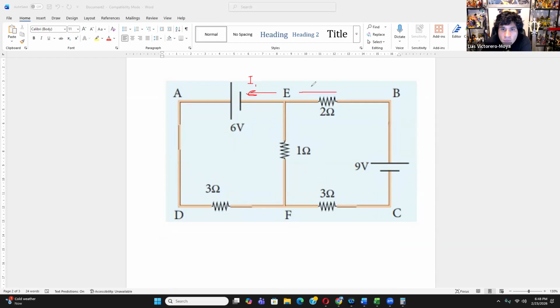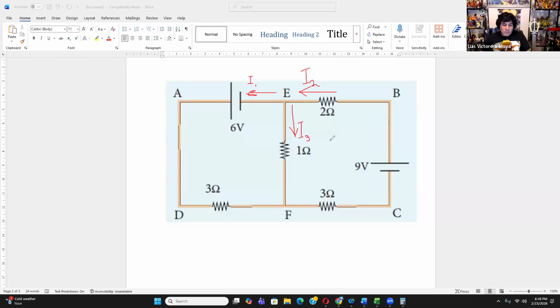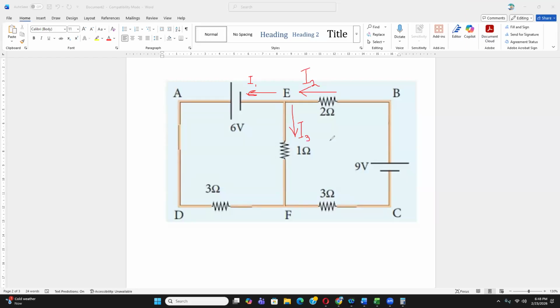I want to draw I2 like this. Don't ask me why, I'm just going to do it like that. And entering, leaving, and then let's make it leaving I3. So I2 equals I1 plus I3? Yeah, try to do that. You've got 10 minutes.